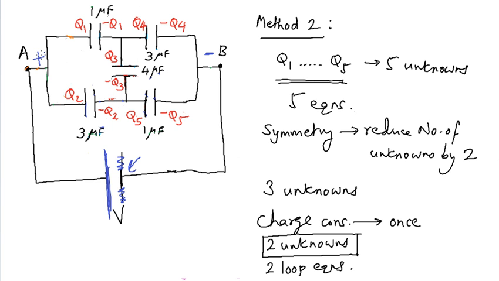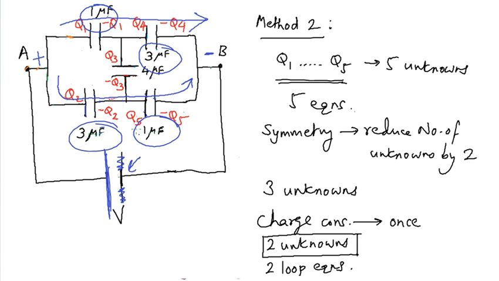When we traveled from the positive end, that is terminal A, to the negative end, that is terminal B, through the top branch we encountered a 1 microfarad capacitor, this one, followed by a 3 microfarad capacitor. On the other hand, when we traveled in the lower part of the circuit through this branch from the positive to the negative terminal, we encountered first a 3 microfarad capacitor followed by a 1 microfarad capacitor, and of course there was a 4 microfarad capacitor which was connected vertically in between.